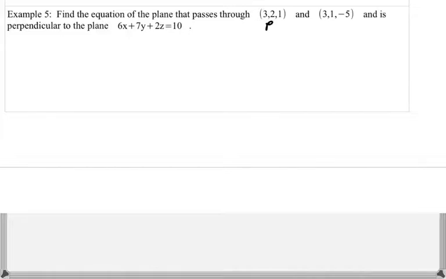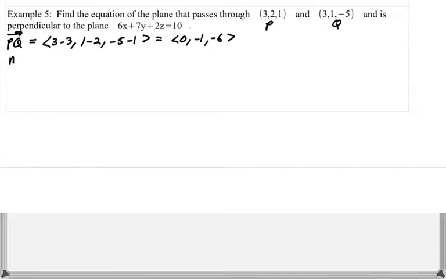So we're going to go ahead and find vector PQ. So we'll label 3, 2, 1 as P, 3, 1, -5 as Q. So vector PQ is going to be 3 minus 3, 1 minus 2, -5 minus 1. So vector PQ will be 0, -1, and -6.